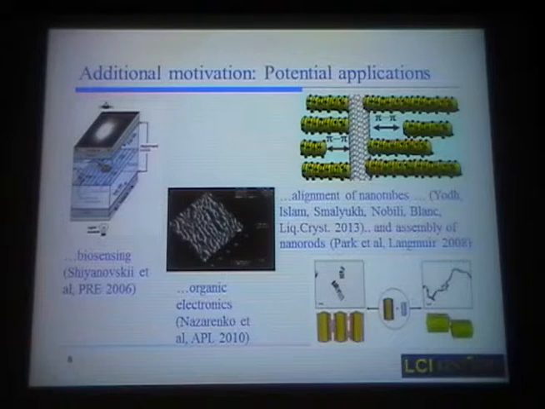This is work that was started by Ivan many years ago, in fact, and only this year we saw it published because there were many interesting features that required additional work. Then we found that golden nanorods or metallic nanorods can be assembled in different fashions by small aggregates of the chromonic molecules.